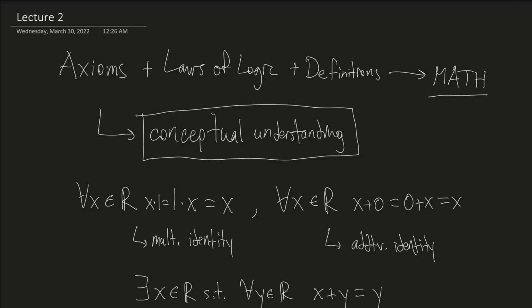So before we get into the main content, I want to give a broad overview of what math is in general. And there are two kind of parallel views, one that's a bit more austere and one that is more interesting and worthwhile. So in the first, our perspective on math is really this combination of axioms, the laws of logic, and definitions.